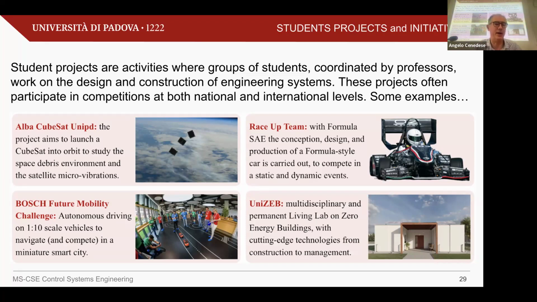And if they are admitted to the final stage, they go to Cluj, in Romania, for a week of challenge and finals against all the international teams. And here we earned first place, 2 second places, and 1 third place in the last 5 years.